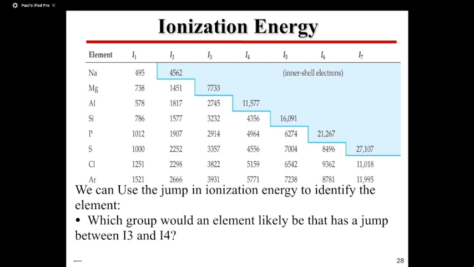Why in the world was the first one easy and the second one really, really hard? Well, look at sodium. Sodium has how many electrons? It has 11, right? And if I take one, how many does it have left? 10. And 10 is what? Perfect. To take the next one, I go from perfect to imperfect.